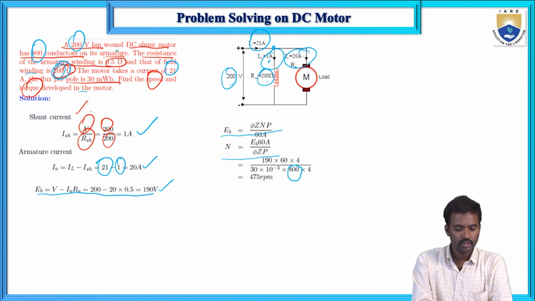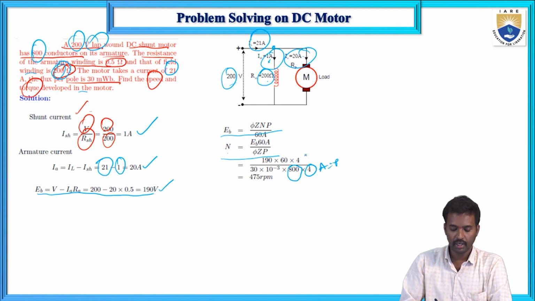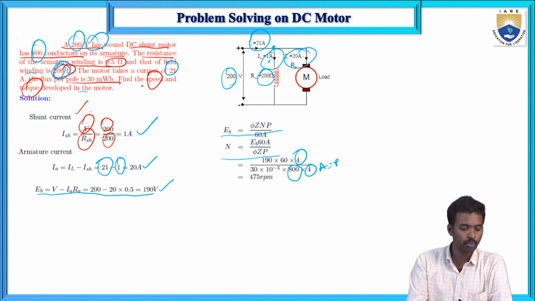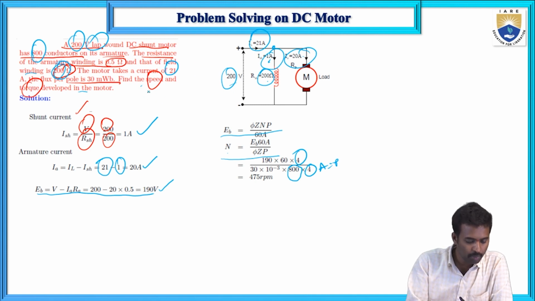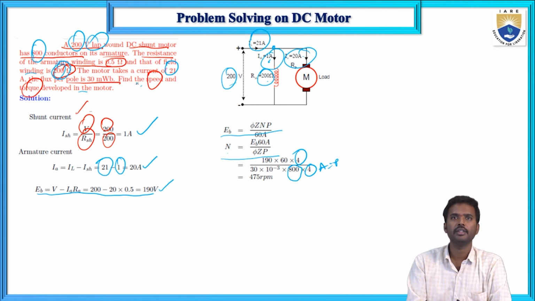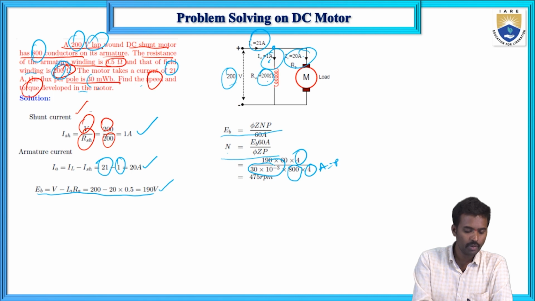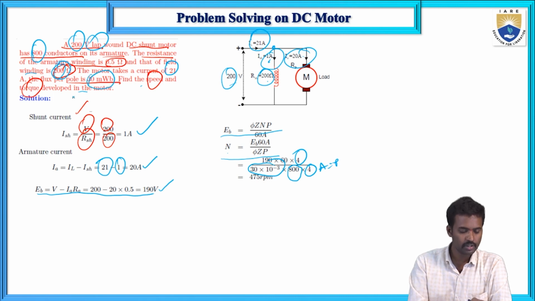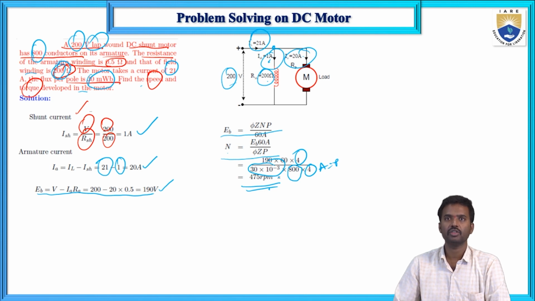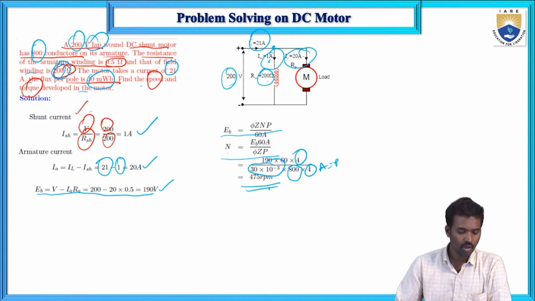So A equals P, and the number of poles is 4. And next this is 30 milliwebers. And next the speed is 475. Now here.